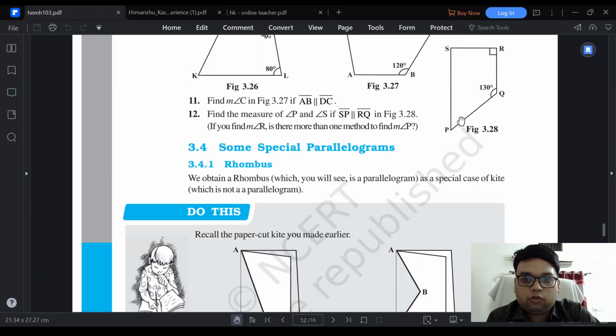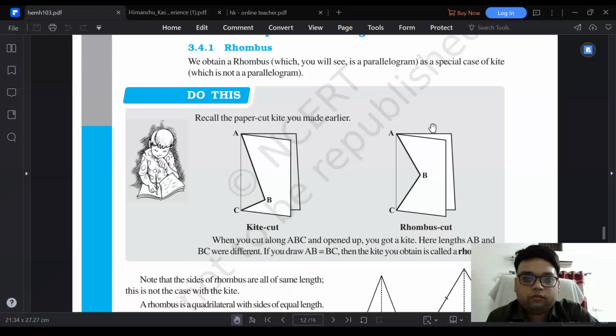If angle P is equal to 50 degrees, then what will be the value of angle S? Angle S plus angle P is equal to 180 degrees. So it is easier to calculate here.